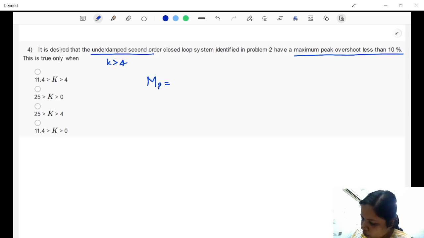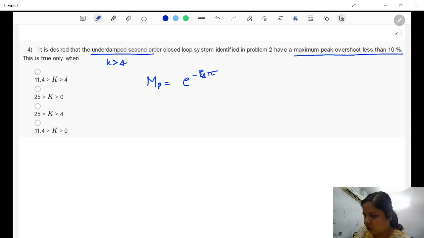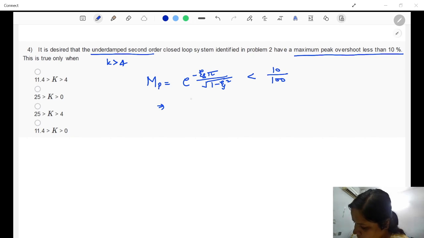Now, maximum peak overshoot can be defined as follows, please solve this question. This is highly numerical and it would help you because you'll have such questions in assignments, in exams, everywhere. e to the power minus zeta pi upon under root 1 minus zeta square. So this should be less than 10%. How are we going to solve this question? We are definitely going to take ln on both sides.